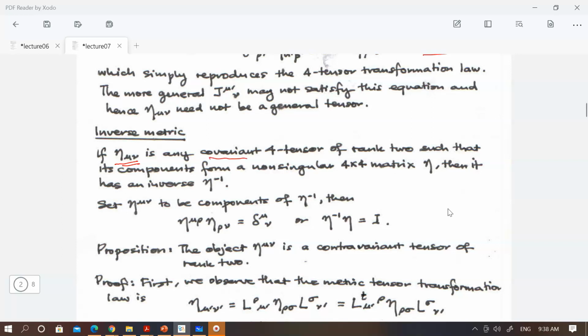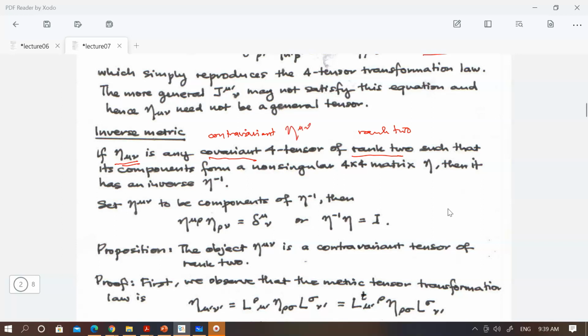So instead of a covariant 4 tensor of rank 2, we want a contravariant tensor of rank 2, and when it multiplies this covariant 4 tensor of rank 2, the Minkowski metric, you should get the identity. This is a condition that we impose on this new object, eta mu nu here.